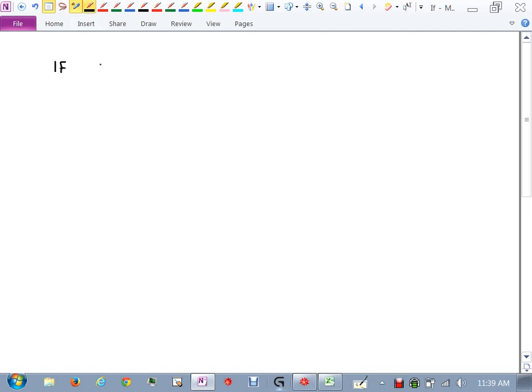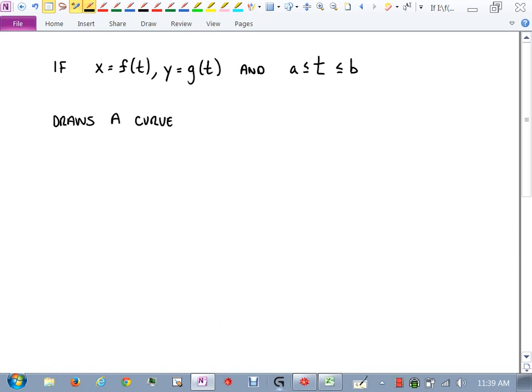If you have x equals some function of t, y is some other function of t, and t is restricted between a and b, and this draws a curve which is traversed one time, then this is like a curved segment, a segment of a curve.